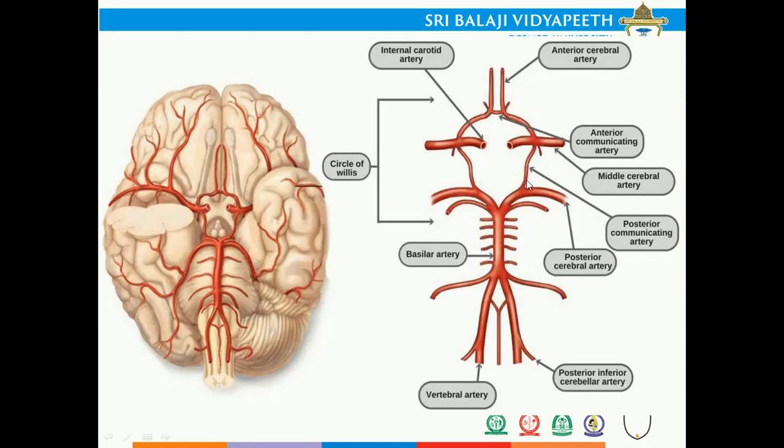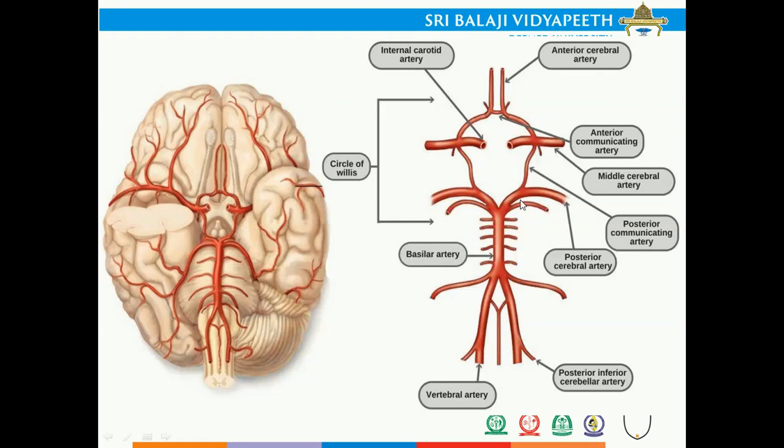And lower down, you get the posterior cerebral artery. The posterior cerebral artery will be joined by the posterior communicating artery. And lower down here, you also get another horizontal vessel coming out, that is the middle cerebral artery.